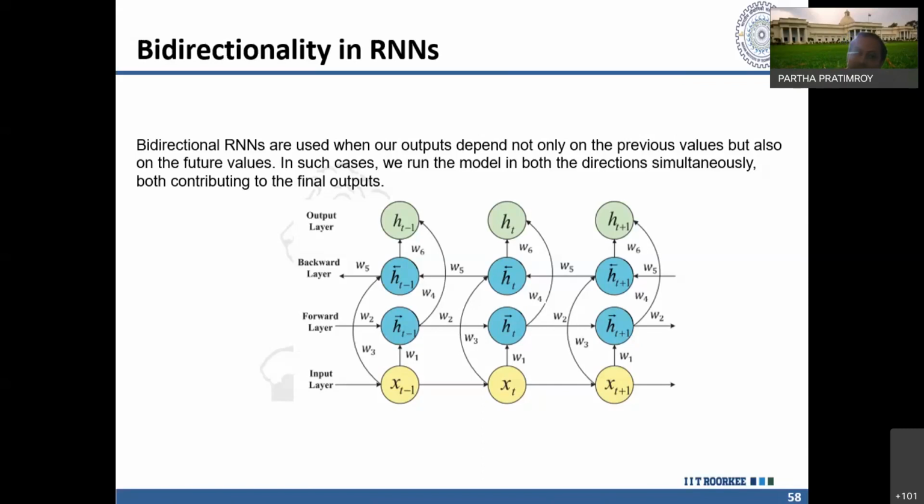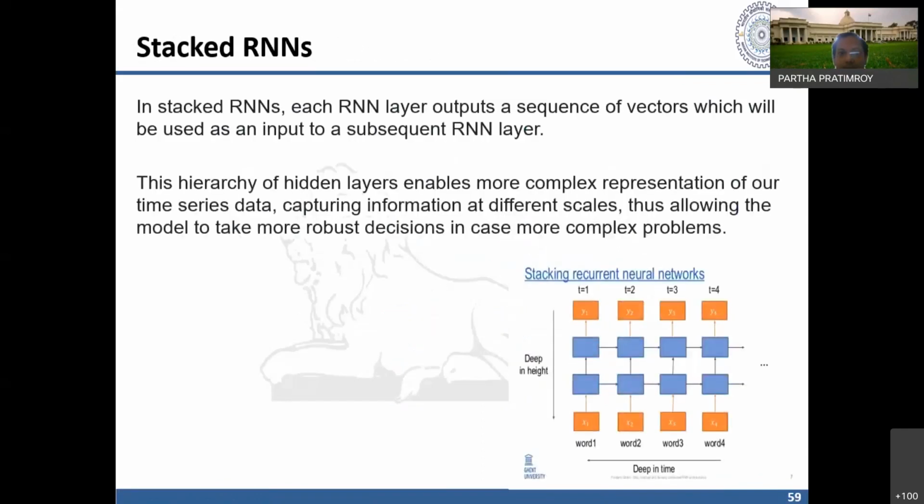So both pieces of information are combined together to get the final label. This is bidirectional.